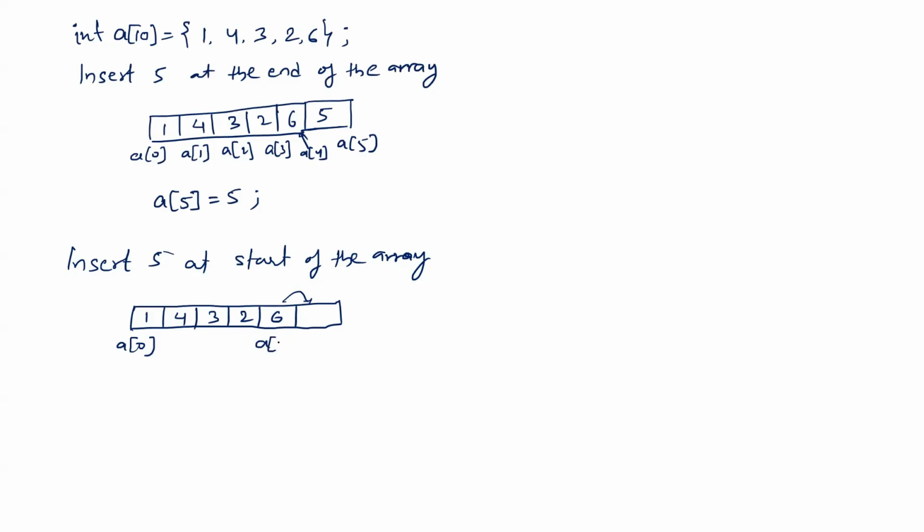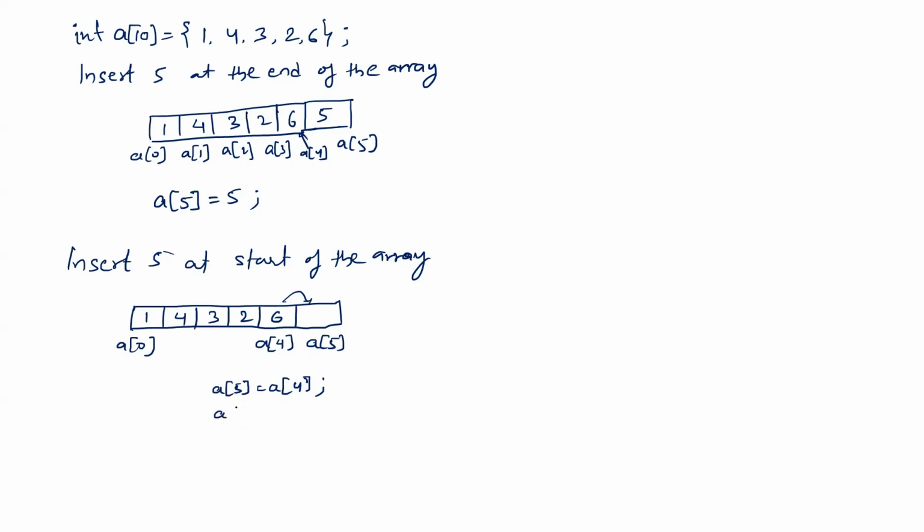Initially, let's suppose this value 6 is present at the index 4. I want to bring that value to the index 5. So if you want to bring the value to index 5, then you have to write like this: A of 5 is equal to A of 4. So 6 will come at index 5.